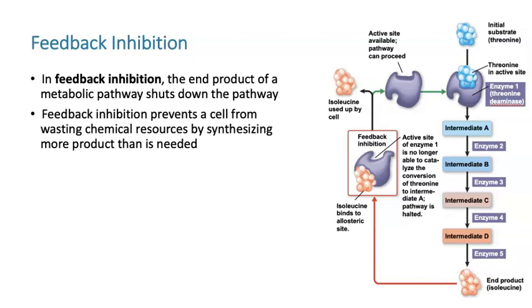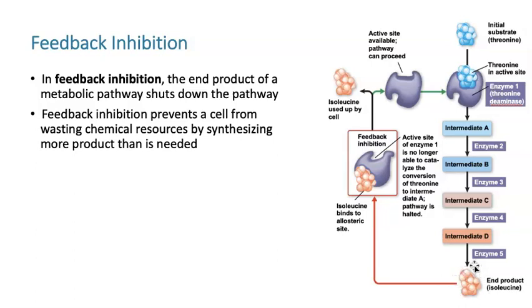Isoleucine is also an amino acid. So threonine is in the active site, and that means it's going to go through all of these intermediates. We're not naming the intermediates right now, but it's got a series of enzymes involved in it. And eventually you make isoleucine after 5 enzymes have gotten involved and 5 intermediate molecules have gotten involved.